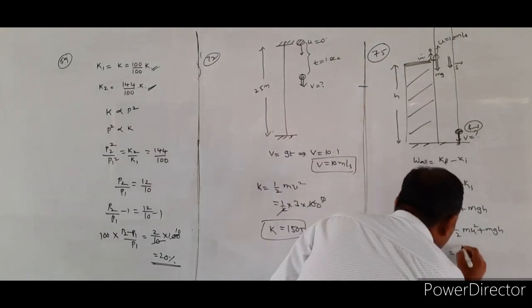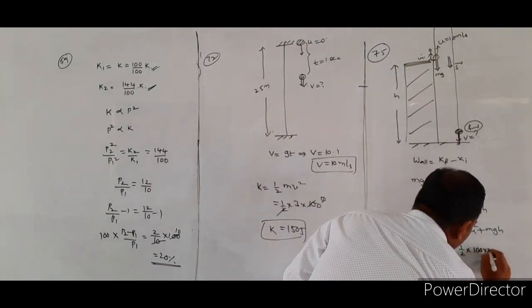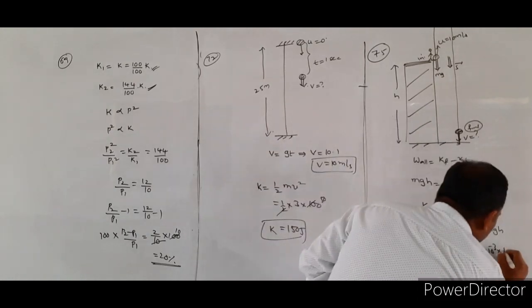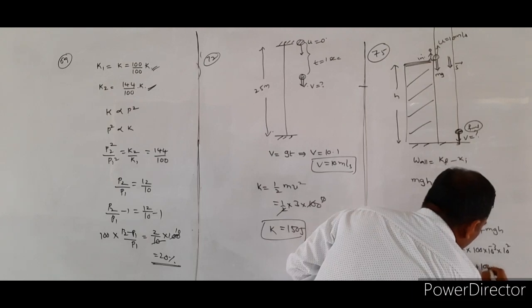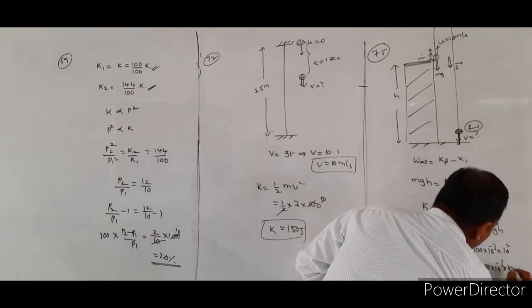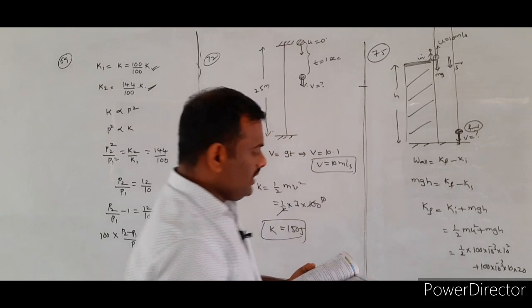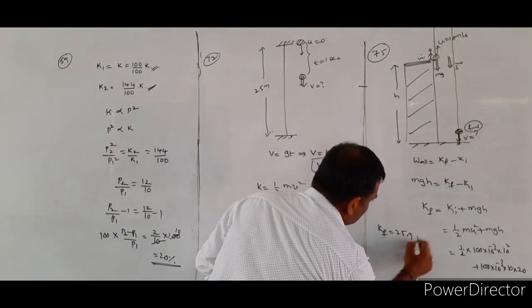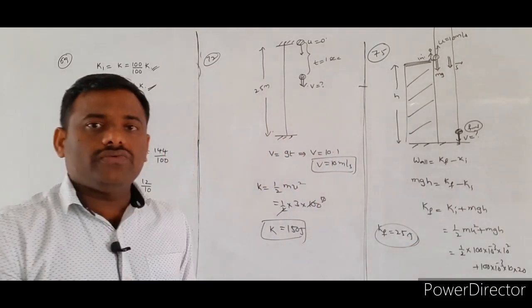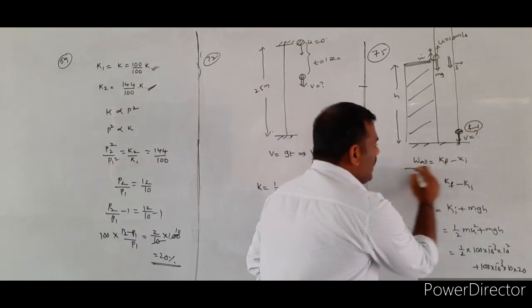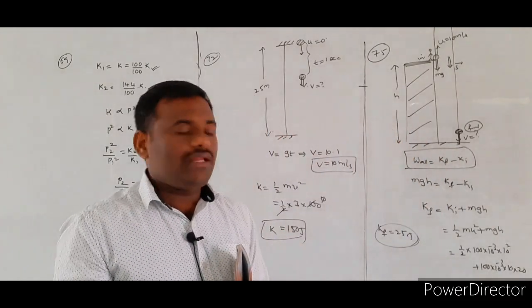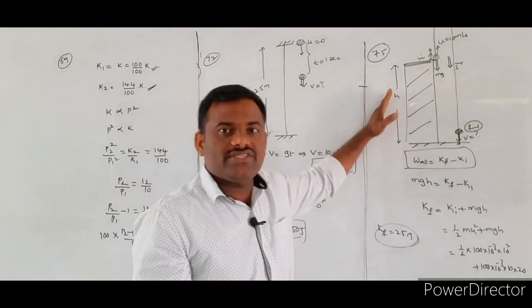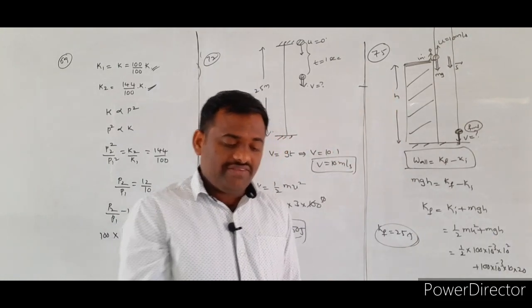Substituting, half into 100 into 10 power minus 3, into u, which is 10, squared, plus 100 into 10 power minus 3, g as 10, h is equal to 20. If you substitute all these values and simplify, you will get the final kinetic energy is equal to 25 joules. So, which theorem did we apply here? Work energy theorem. Work done by all the forces is equal to change in kinetic energy. Like this we have to solve problem number 75, an important one.